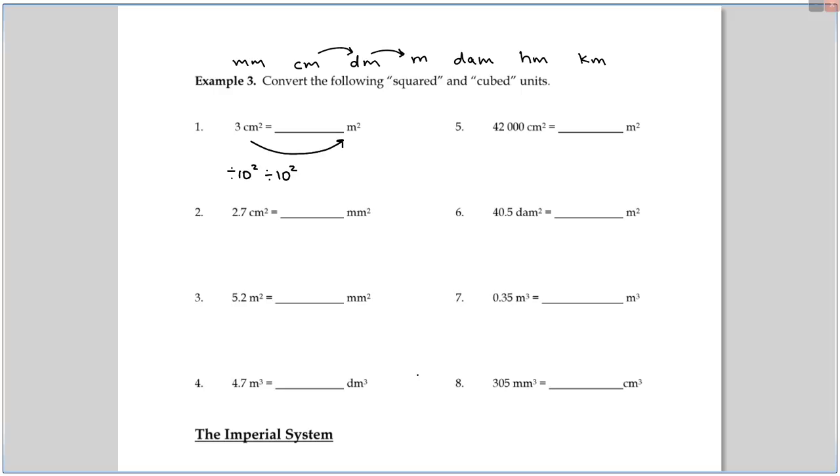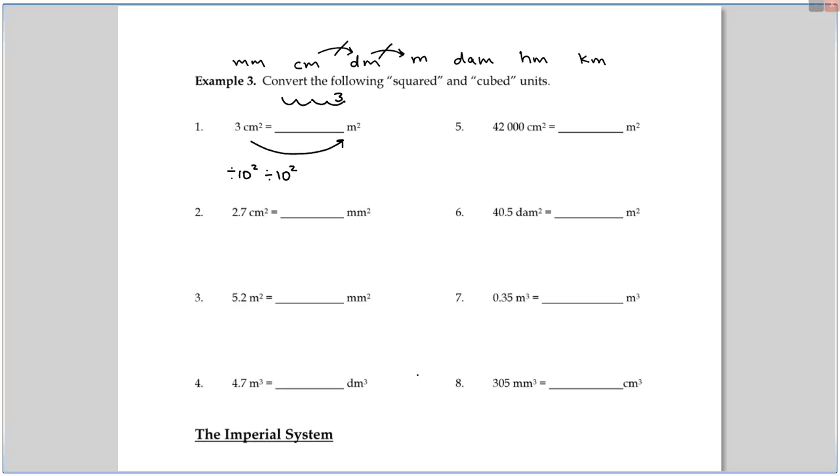Normally it's just divide by 10, 2 decimal moves. But because it's square units, you have to do 10 squared. So it's the exact same thing, except you double it up. If the number's 3, every jump would count as 2. So 1, 2, that's the first jump. 1, 2, that's the second jump.